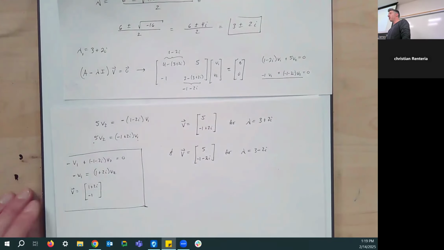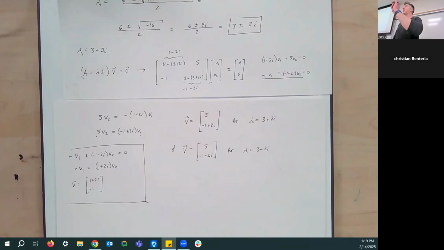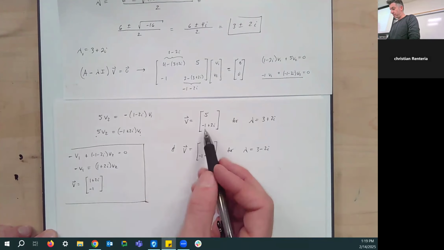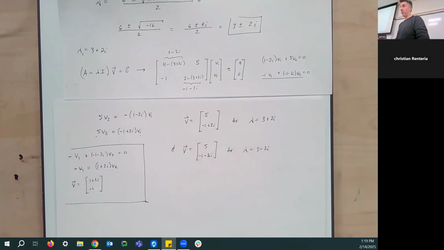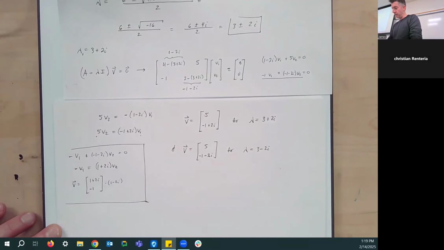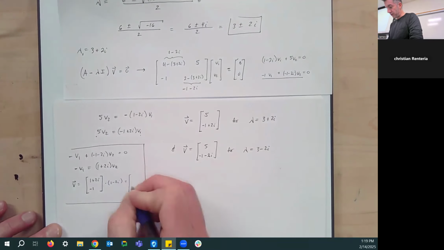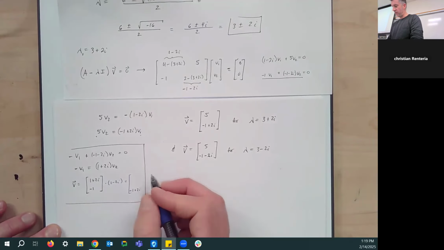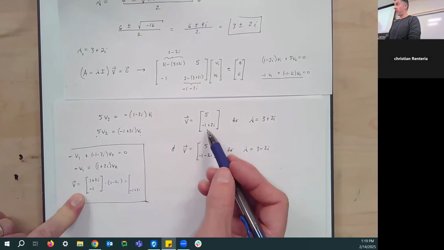No, they don't. But they are the same enough, meaning they are multiples of each other. If you take this eigenvector and multiply it by the scalar 1 minus 2i, the second component is going to be negative 1 plus 2i. That's, by the way, how I picked it. I figured out what I needed to multiply by negative 1 to get that part right there.